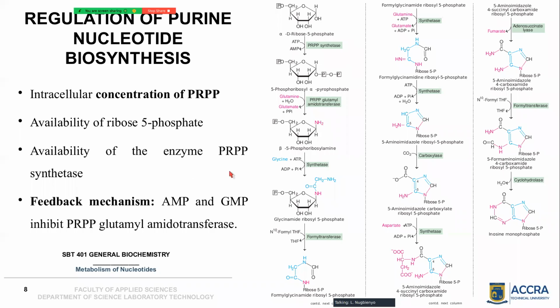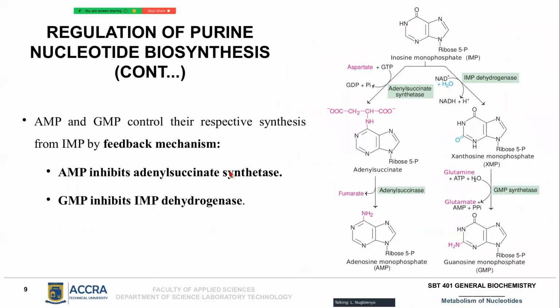All right. Now, regulation. Okay, so again, the continuation of the regulation. I've talked about the feedback mechanism. So the feedback here, we are seeing that the adenosine monophosphate and guanosine monophosphate are the final products.